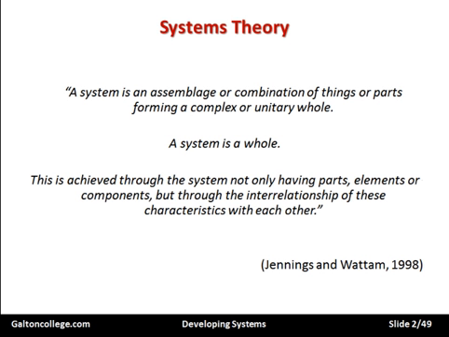The second part of what I've got here on the screen says this is achieved through the system not only having parts, elements or components, but through the interrelationship of these characteristics with each other. So a system is not just composed of parts, it's how the parts are connected together that makes the whole system.